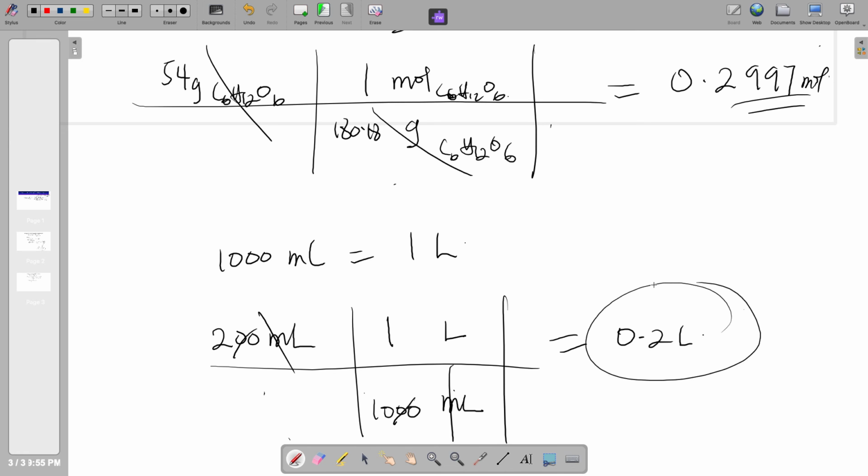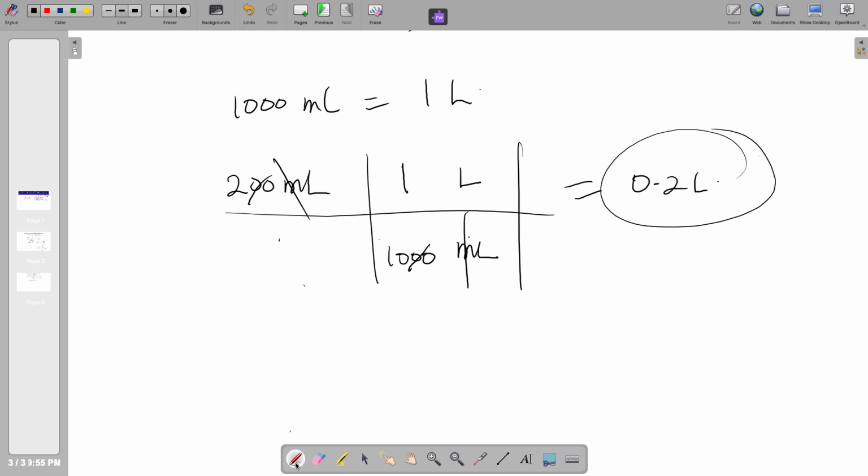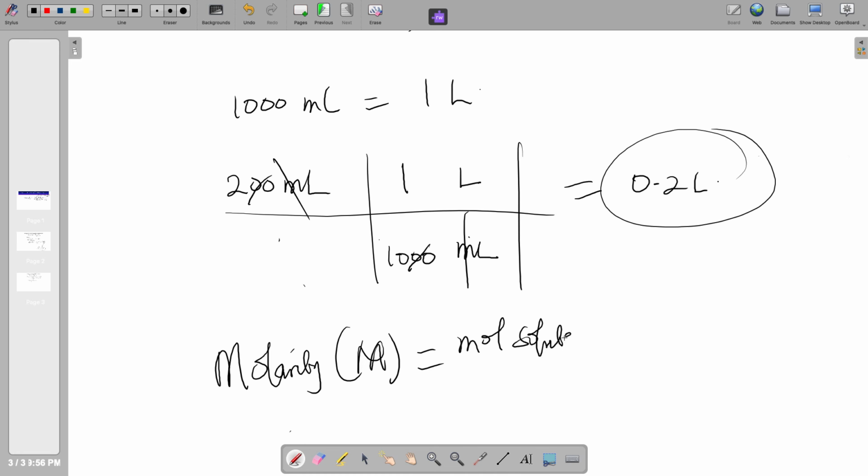So now we have our liters and we have our moles. We go back to our formula. Molarity, uppercase M, is equal to the moles of our solute divided by the volume of solution in liters.